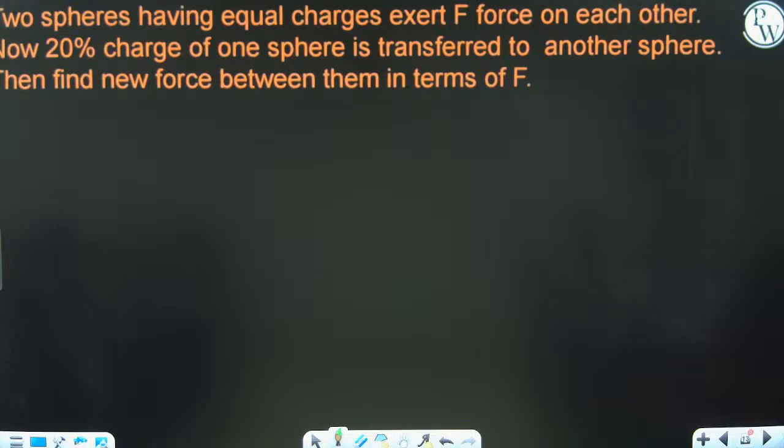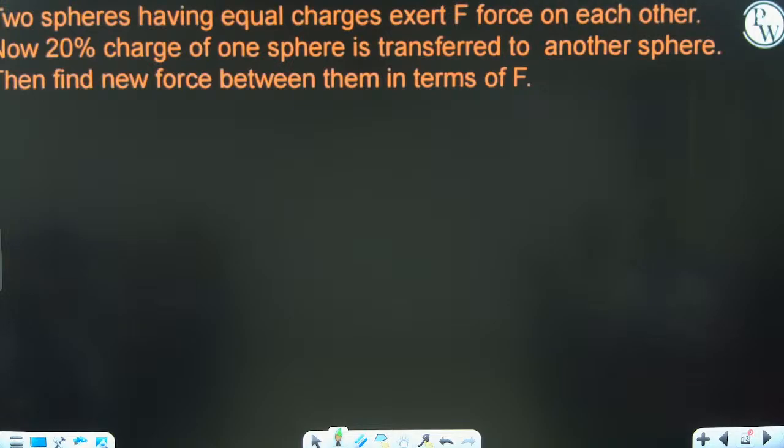So now what is the charge on A, the initial body? It is 0.8. What is the charge on the other body? 1.2, beta. Correct? So first find out the initial force, that is F. F is equal to K Q square upon R square. What is F dash?